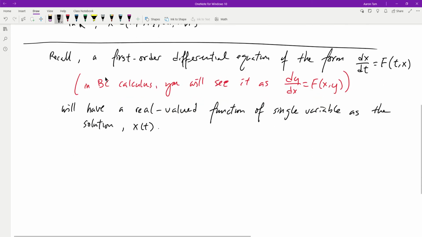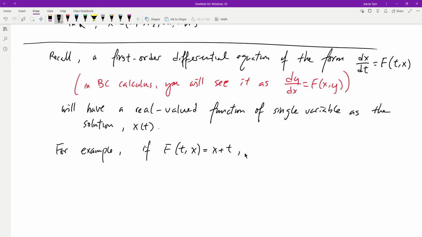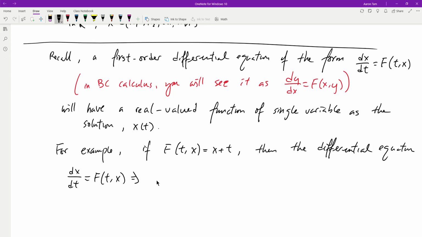So a very simple example follows. Let's say, for example, capital F of t, x is equal to x plus t, then the differential equation that we have would look something like this: dx over dt equals x plus t.